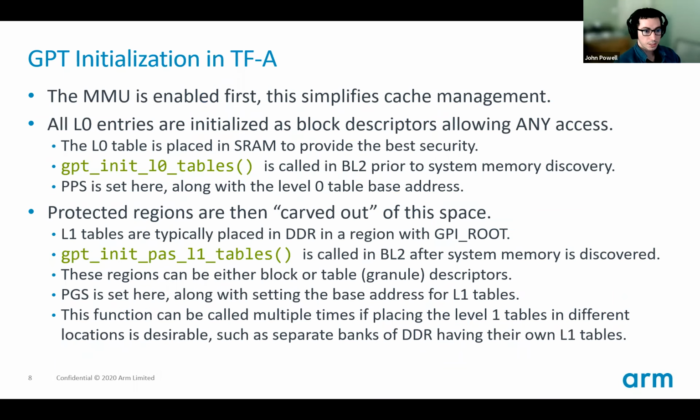I'd have to look that up to confirm, but you essentially have a contiguous descriptor in one of your L1 regions that says how big this is, and then the size of the contiguous descriptor causes that area to be, I'm trying to think of what the best way to describe it is.